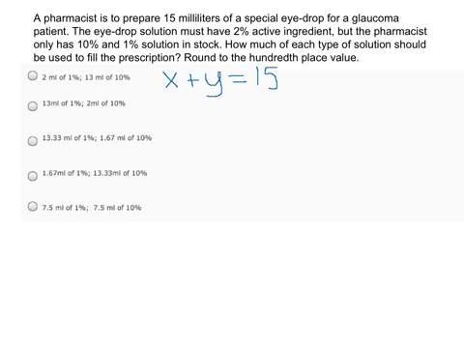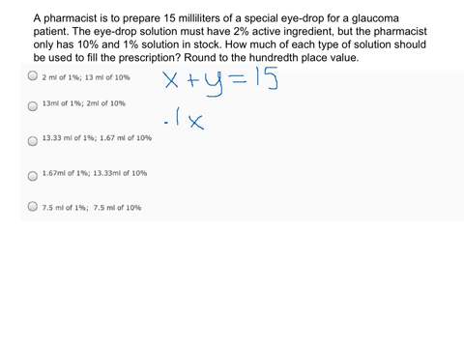Then we want to also represent each of these using the percentage of the special eye drop active ingredient in each. So in our X solution, we have 10% of the active ingredient. So we can represent 10% by 0.1x.